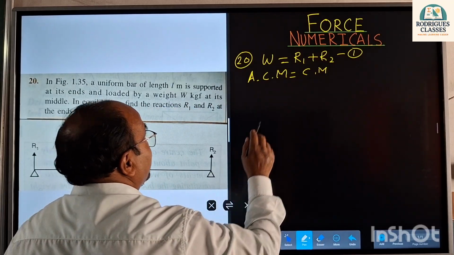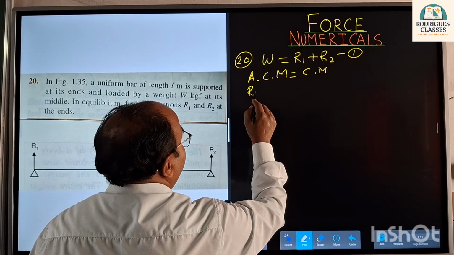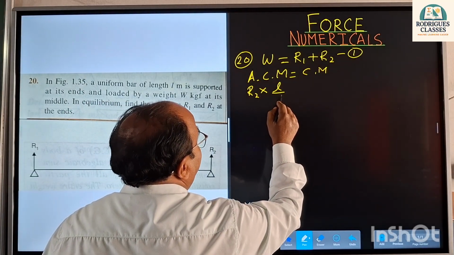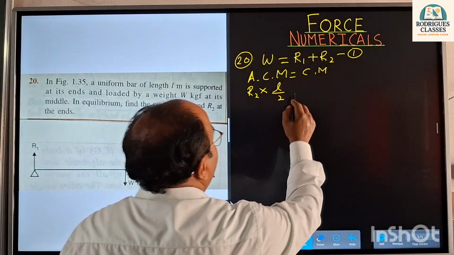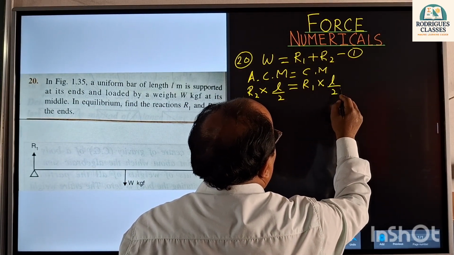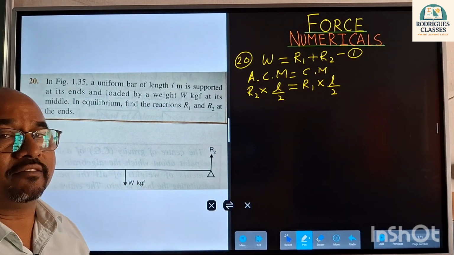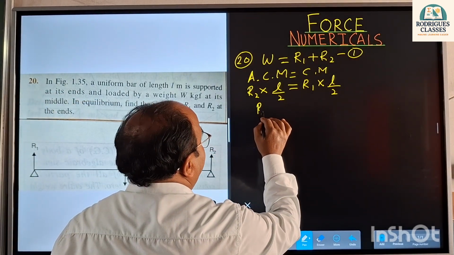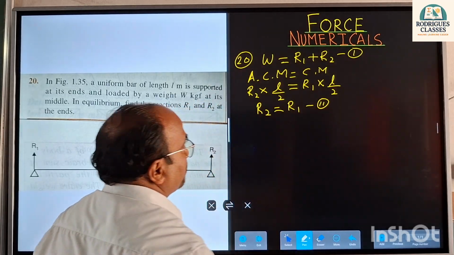Anti-clockwise moment is R2 into the perpendicular length from here till here, which is L by 2, equal to the clockwise moment R1 into L by 2. Now on both sides L by 2 is there, it will get cancelled. So you get R2 is equal to R1 as equation 2.